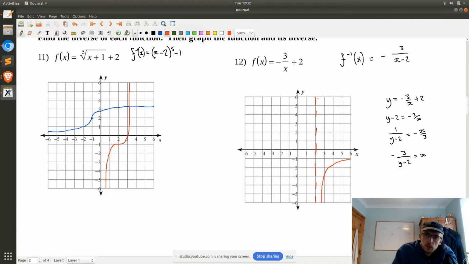Like that-ish. And then like there's the inverse and the non-inverse.